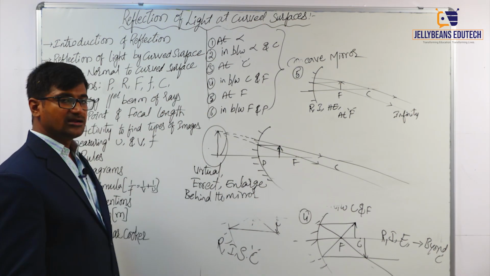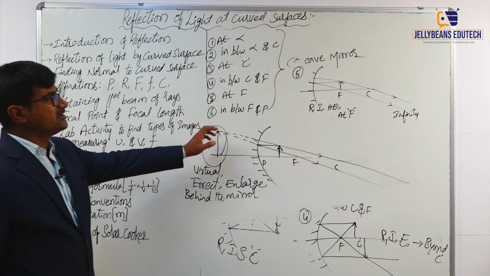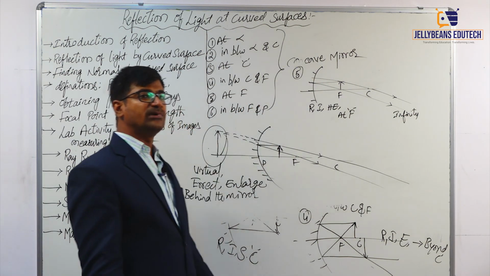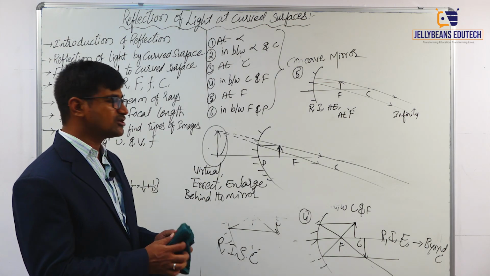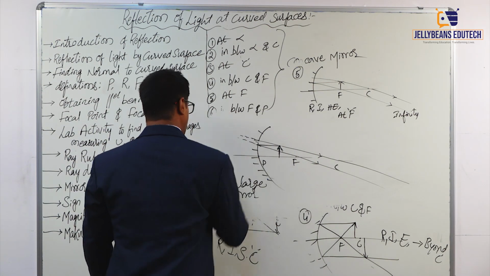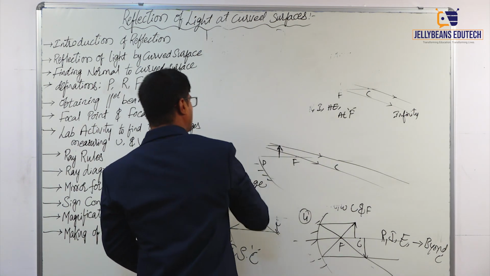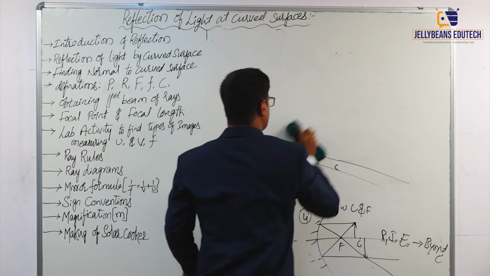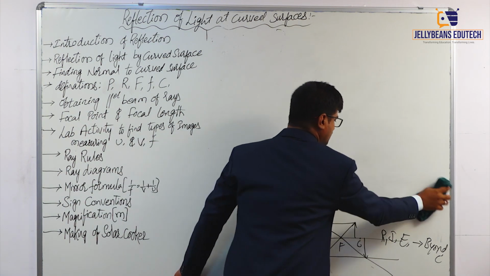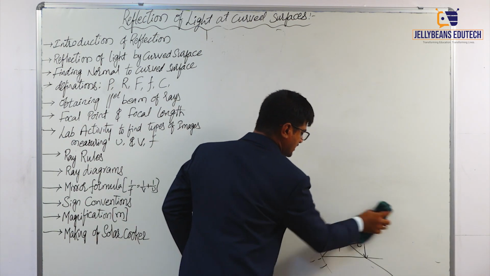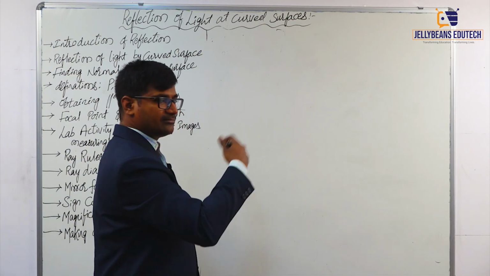So these are the natures of the images observed when the object is placed in front of a concave mirror at different positions. Now let us see the different natures of the images when the object is placed in front of a convex mirror. Here we have only two positions, because the focal point and center of curvature are behind the mirror.